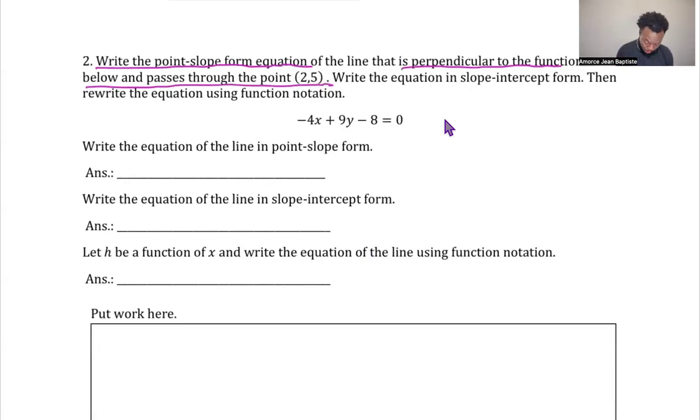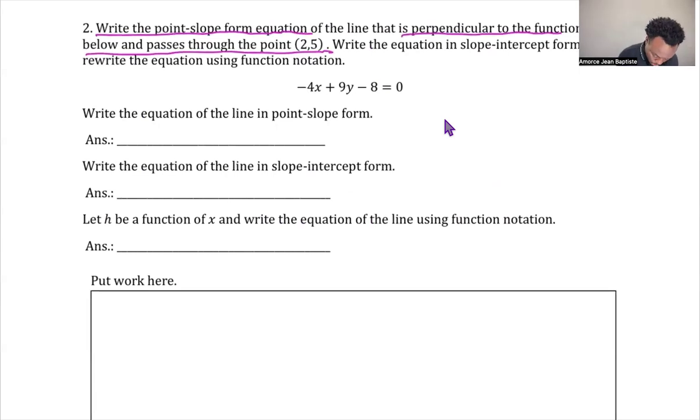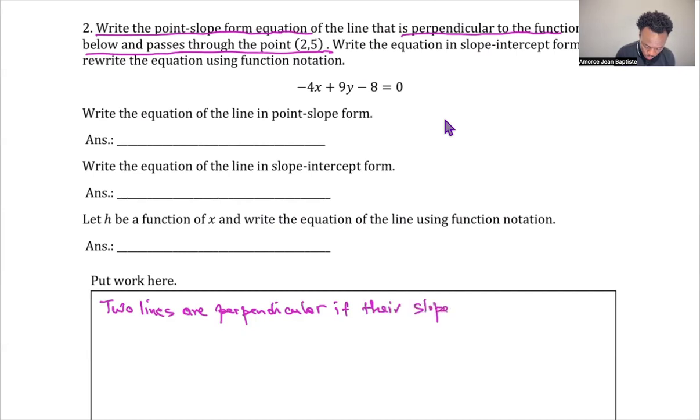So first, we have to remember that two lines are perpendicular when their slopes are the opposite reciprocal of each other.